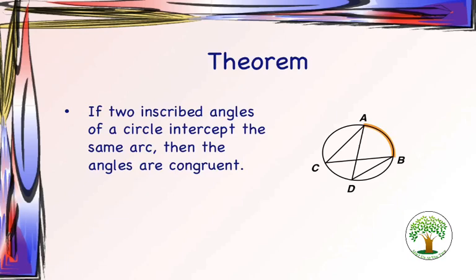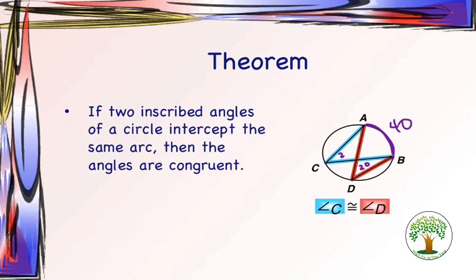All right, here's another theorem. If two inscribed angles of a circle intercept the same arc, then the angles are congruent. Both of those angles intercept AB. If AB is 40, then this angle over here is 20.